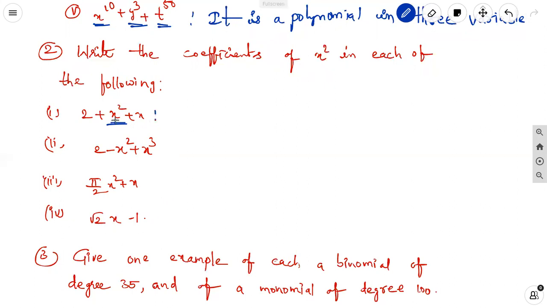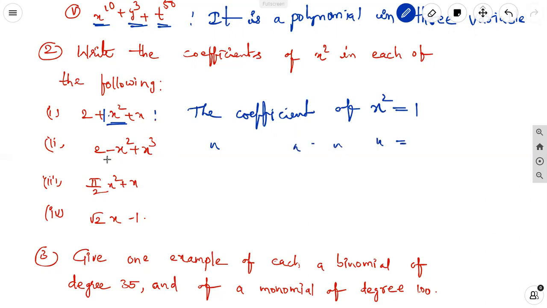In the first one, the x square term is present, and here it is only x square, so the coefficient is 1. In the second one, x square has the negative sign, so the coefficient is minus 1.